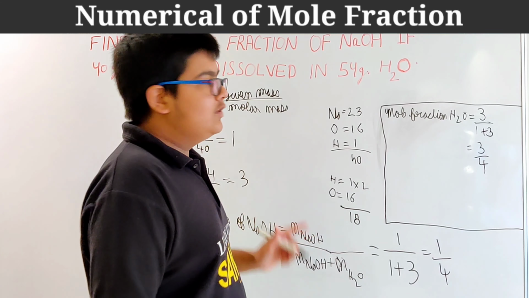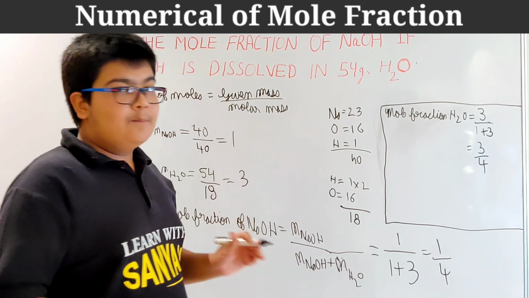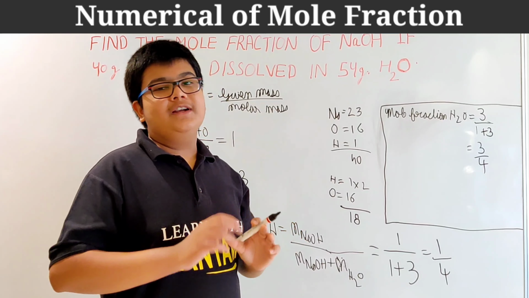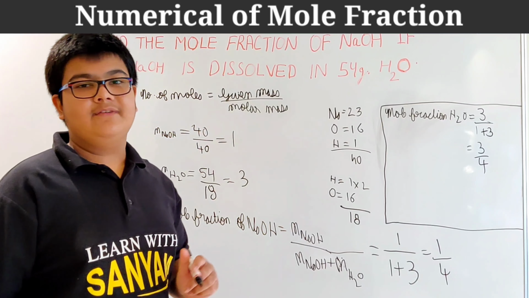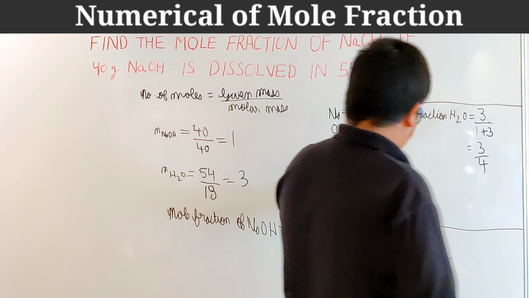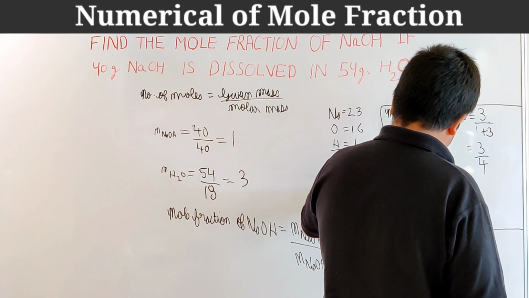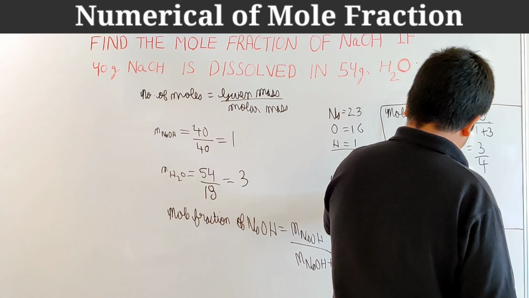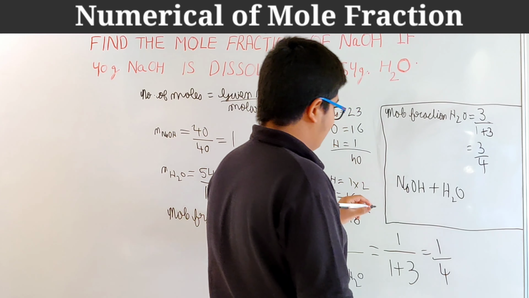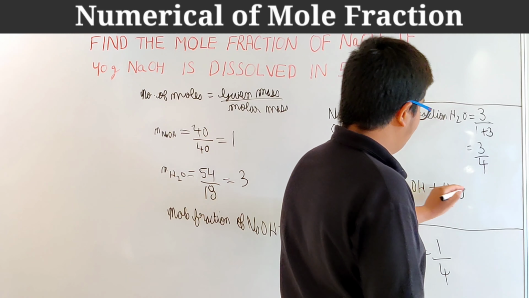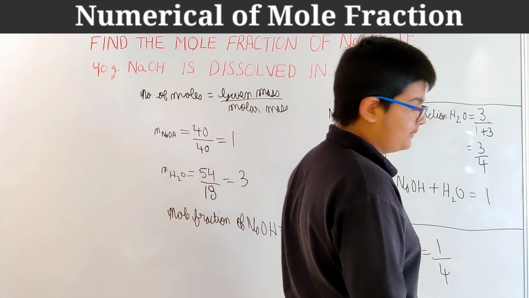Now one important thing to observe is that the mole fraction of all the components of the solution will sum to 1. In this solution there were two components, NaOH and water. So mole fraction of NaOH plus mole fraction of water will be equal to 1.